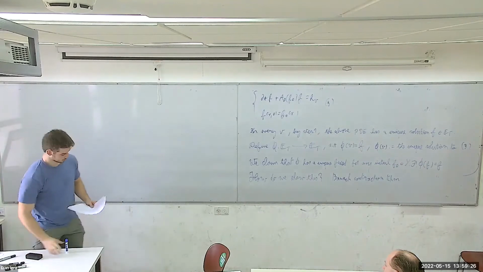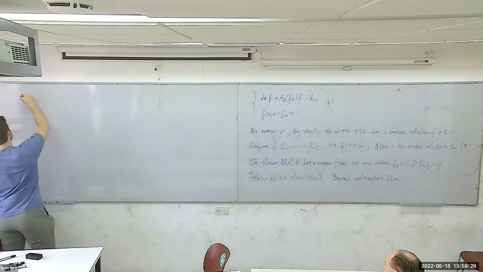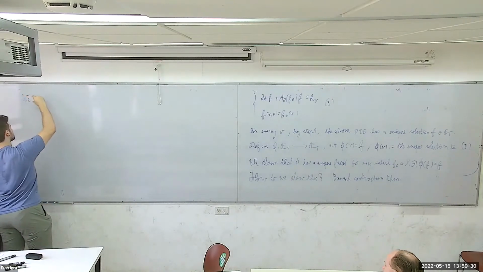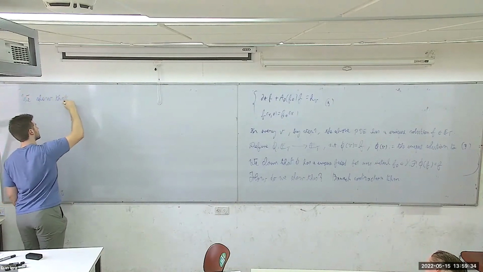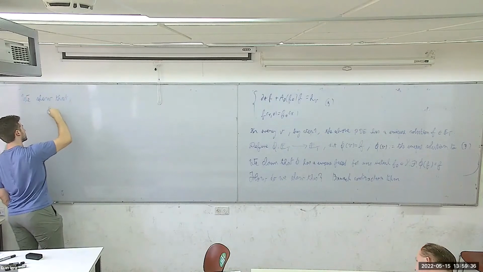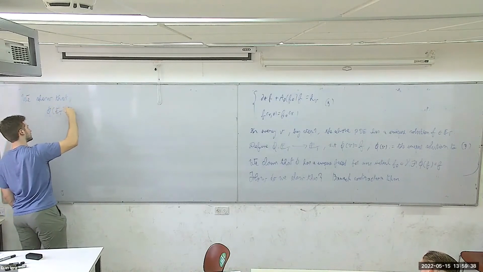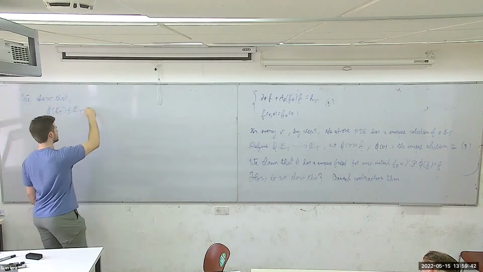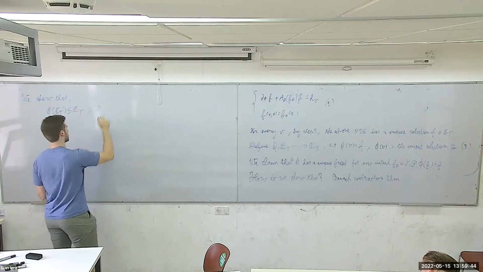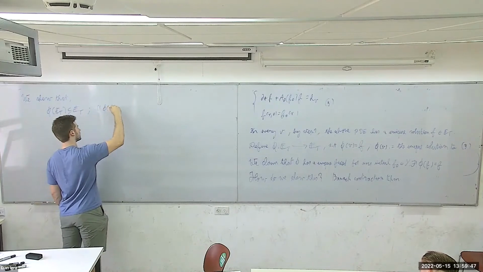So we need to show property 1, that phi of E_T is in E_T, and property 2, that phi is a contraction.